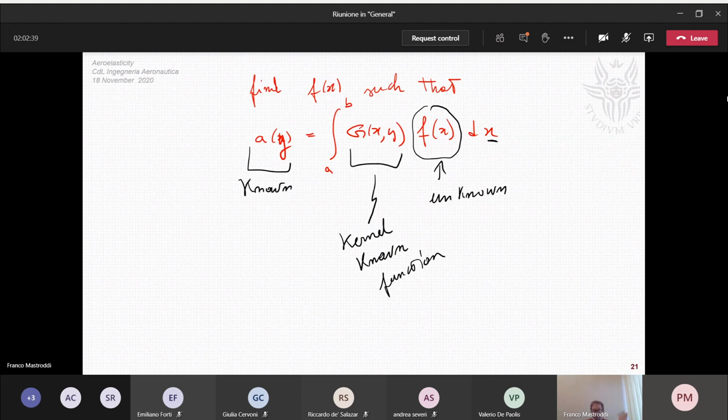This is also known as the kernel of the operator: the set of the inputs giving 0.